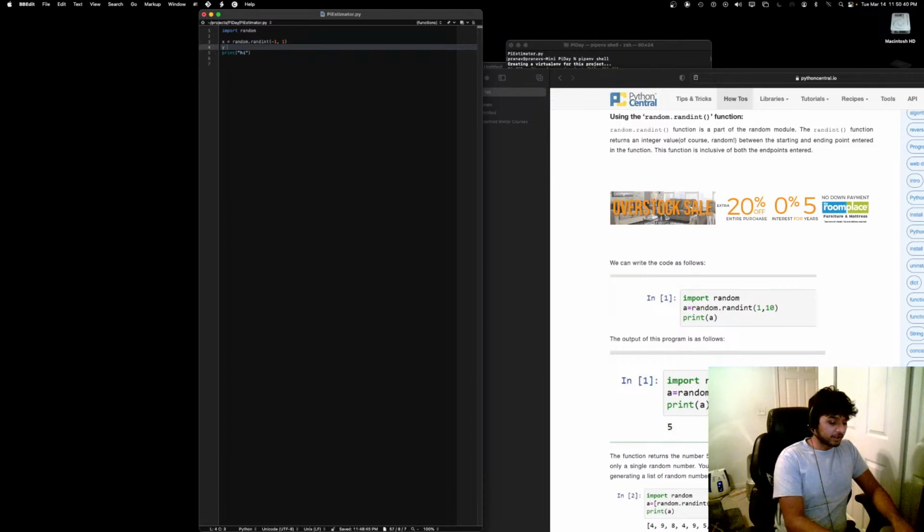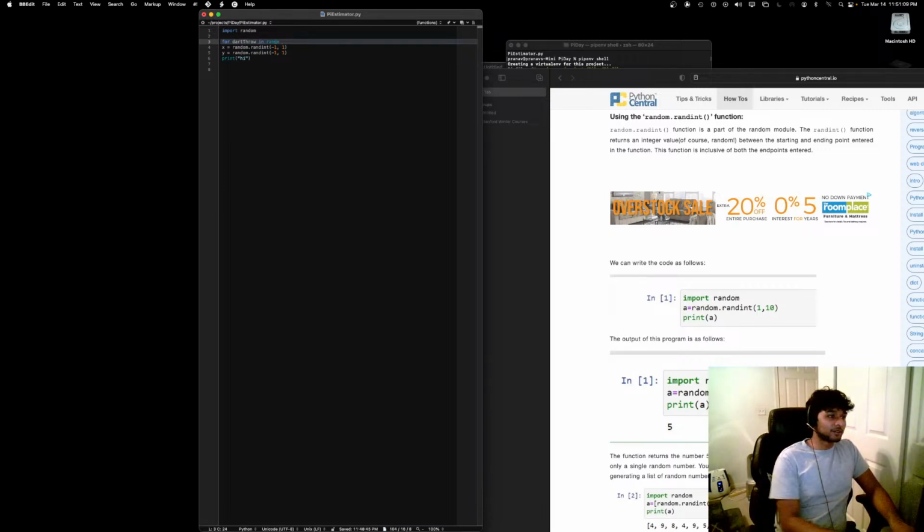Our y value is equal to random.randint from -1 to 1, and we are going to do this in a loop, for dart throw in range, because we are constructing a loop right now.